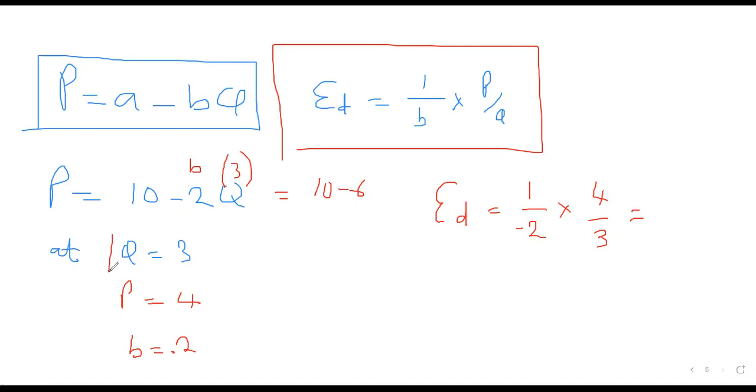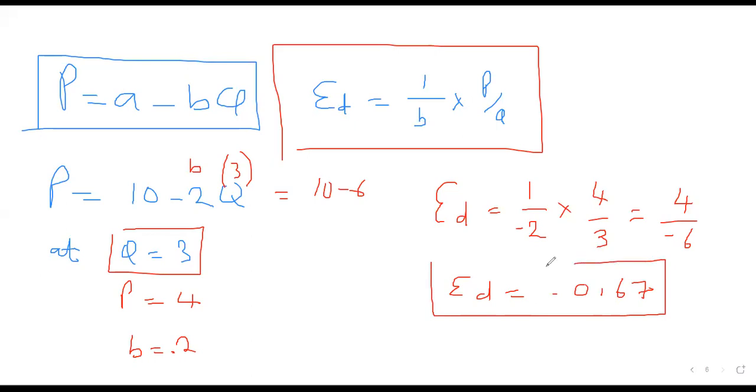We're given here. So this is going to give us 4 over negative 6. Elasticity of demand in this case is always negative. We need to know that. So we're going to have negative 0.67. That is going to be our point elasticity of demand.